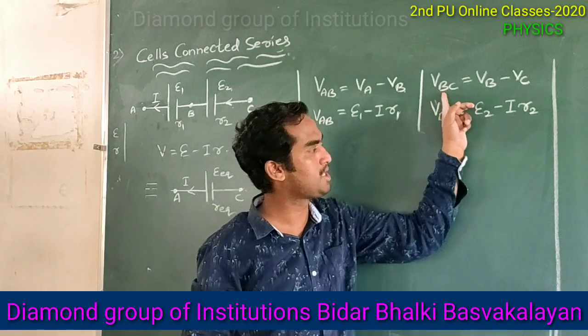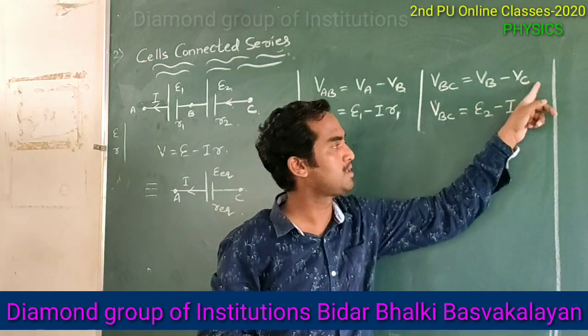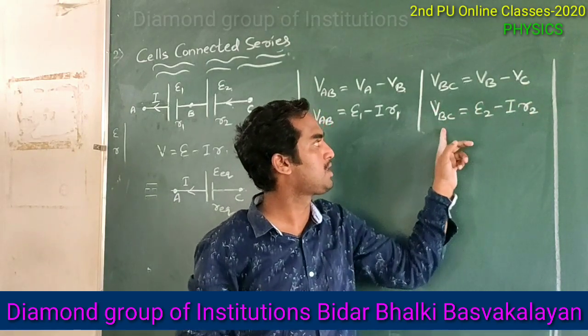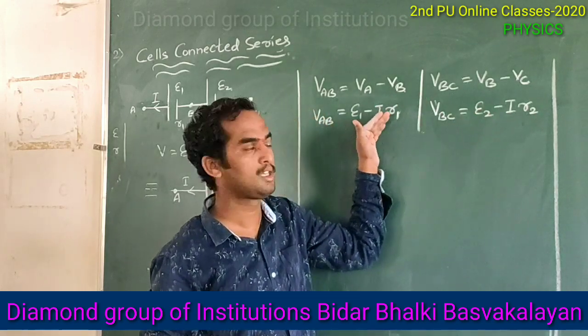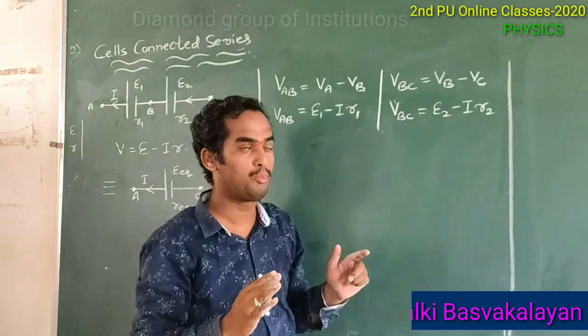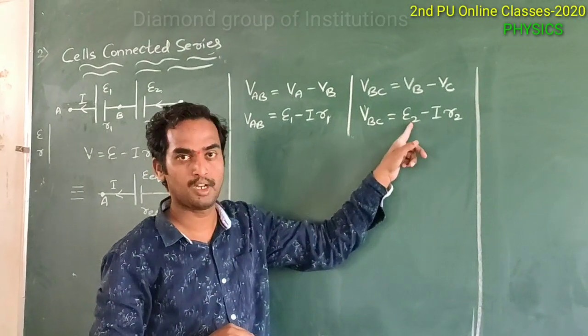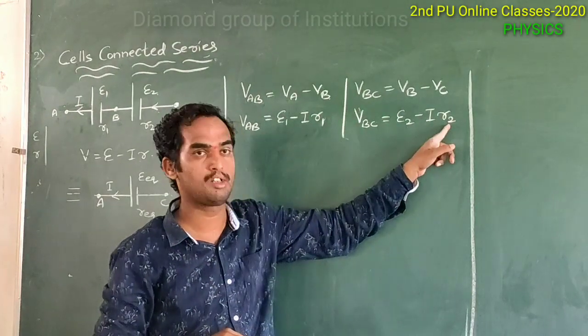Similarly, VBC equal to VB minus VC, so VBC equal to E2 minus I R2. In both cases the current is the same, while the EMF is different and the internal resistance is also different.